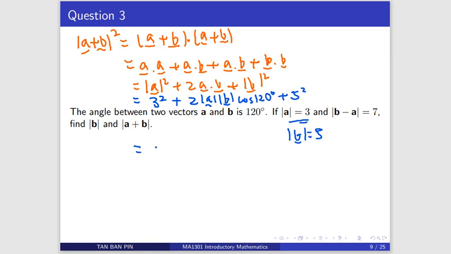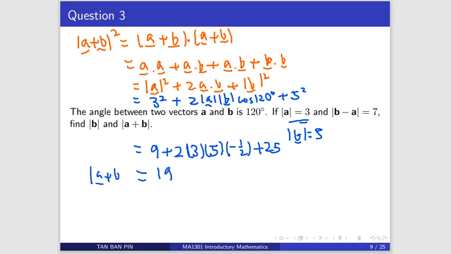So it gives you 9 plus 2 times 3 times 5 times minus half, plus 25, and you get 19. So the magnitude of A plus B squared is 19, so the magnitude of A plus B is just the square root of 19.